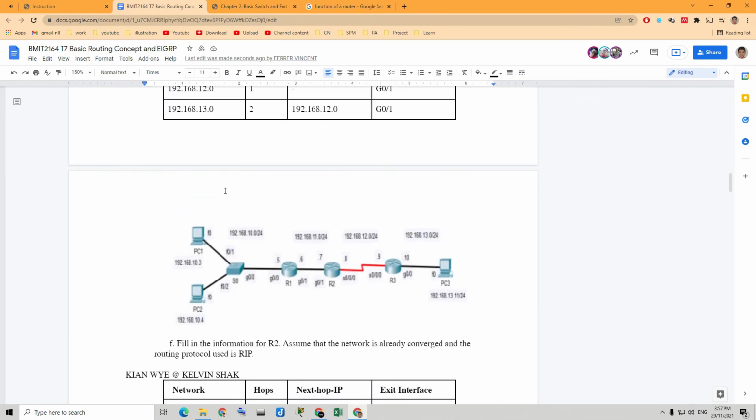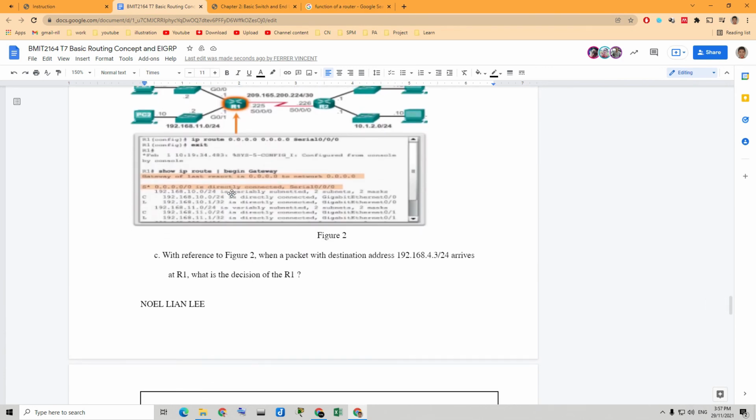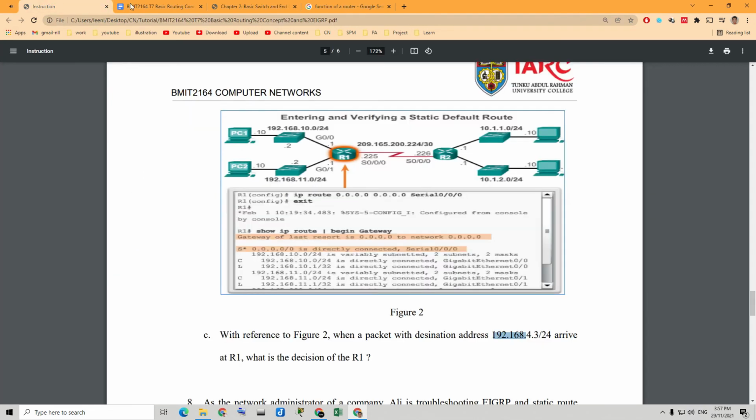So if PC1 wants to send to PC3, the packet from PC1 is forwarded to the default gateway, R1, because the host device cannot communicate with devices outside of the local area network. Correct? True or false? So I think Kelvin, it's false, because isn't the default gateway just, if they have no choice, they just go one way on the default?